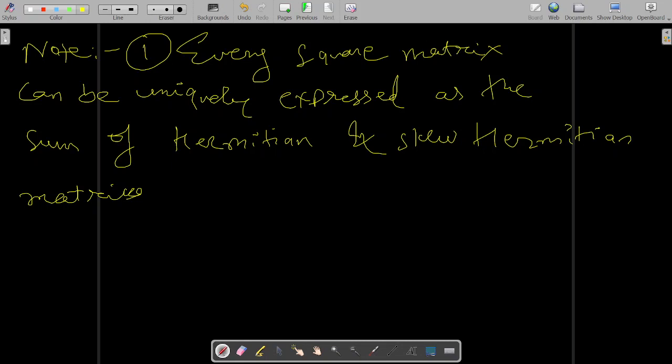Let us write the proof over here. Proof: let A be any square matrix.